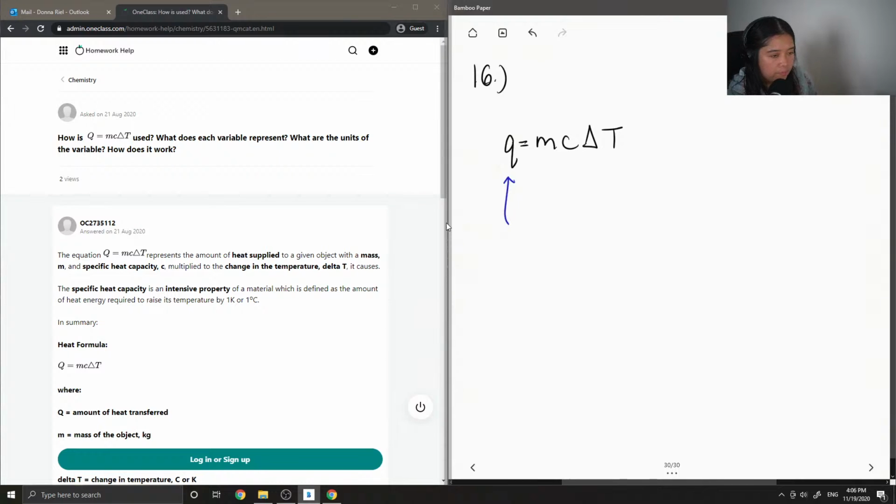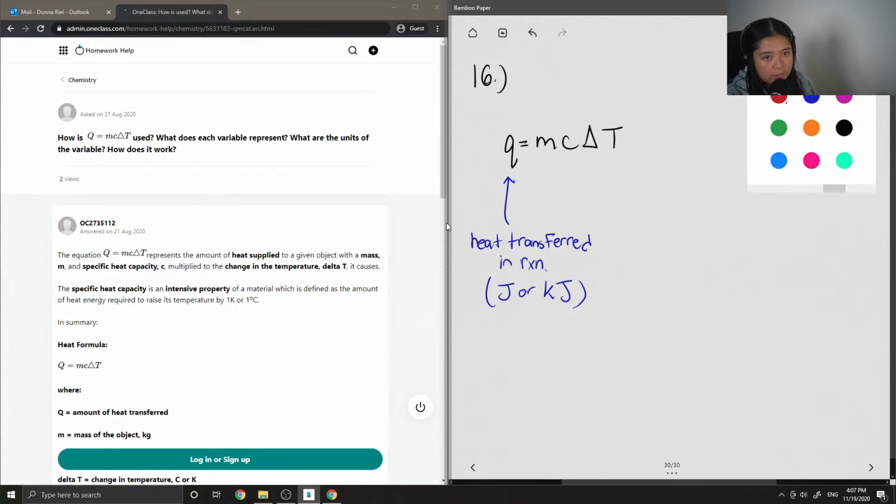So Q represents the heat transferred in the reaction. And it can have units of joules or kilojoules, and you need to convert to joules. But basically, it could be given in your question.